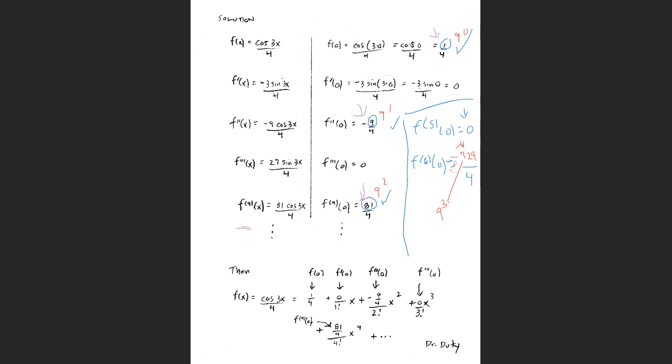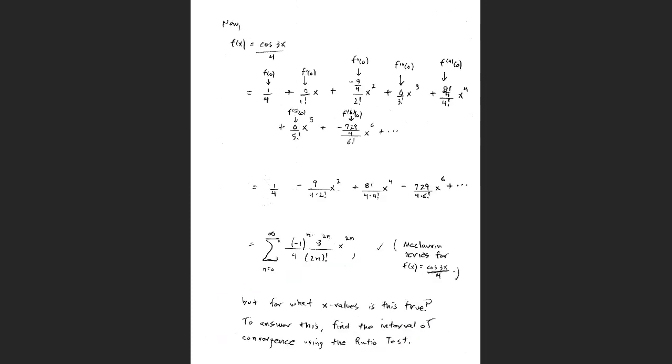Okay, so let us continue here. Now I'm going to rewrite the power series on the next page, and I have in there the negative 729 over 4. Okay, so that's the seventh term of the series, right? But remember, all of these terms are over the appropriate factorials. So let's again remember what the formula is for the Maclaurin series.